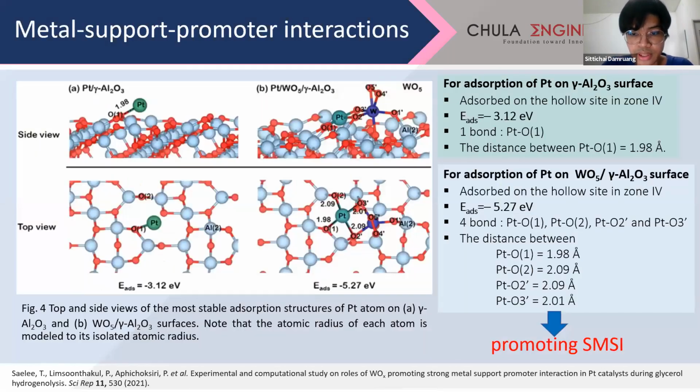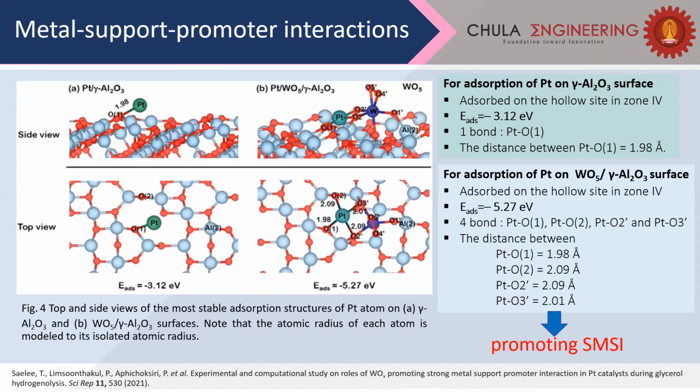The metal support interactions can be described by considering adsorption atom energy. For adsorption of platinum on tungsten oxide on gamma alumina, the surface is stronger than on gamma alumina alone. The strong interaction between platinum and tungsten oxide on the gamma alumina surface can be described via the formation of 4 bonds: 2 bonds between platinum and oxygen of gamma alumina, and the other 2 bonds between platinum and oxygen of tungsten oxide species.